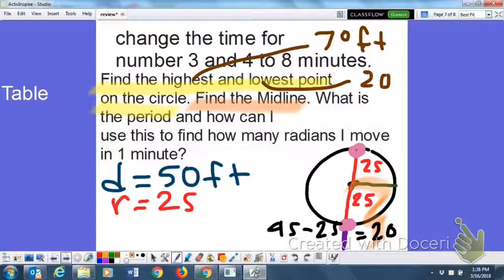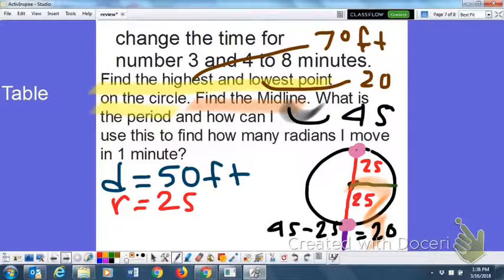It is 45. So the midline is 45. You just average them: 70 plus 20 is 90, and then divide by 2. Oh, and it does tell you in the directions that from the center to the ground is 45, so we already knew that this was the middle.